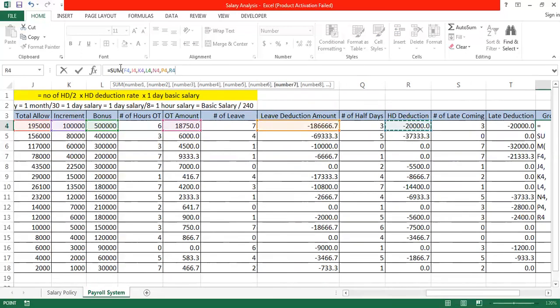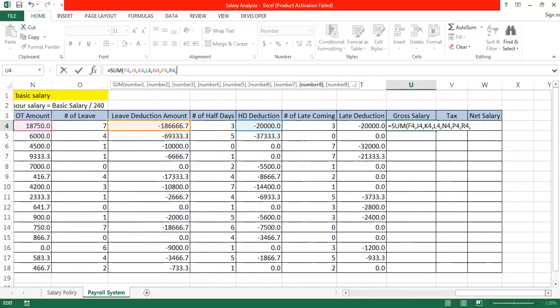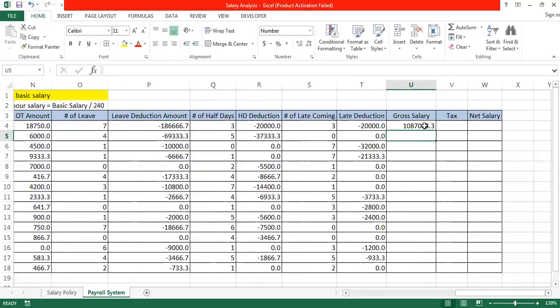So if I sum these values, automatically these values are deducted from the total amount, and I will have the total gross salary. Then we have late deduction, and this will give me my entire gross salary. So here I have my gross salary.